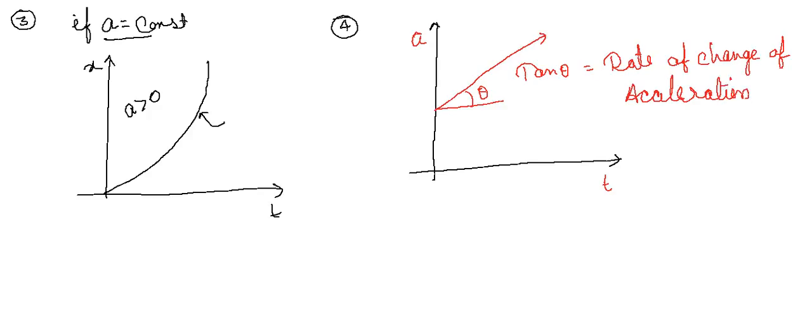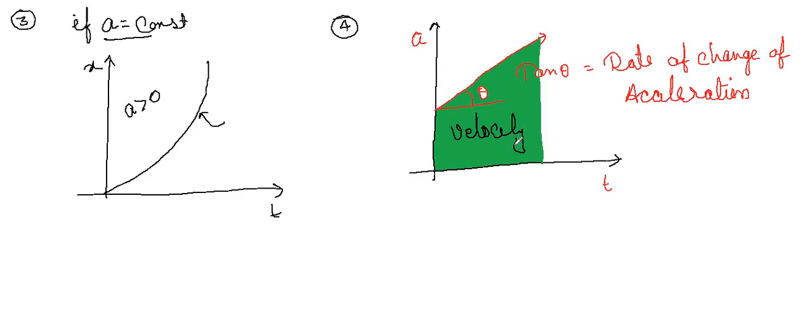And the area under the curve will give you velocity. So in case of an acceleration time graph, the area under the curve will give you velocity and the slope will give you the rate of change of acceleration.